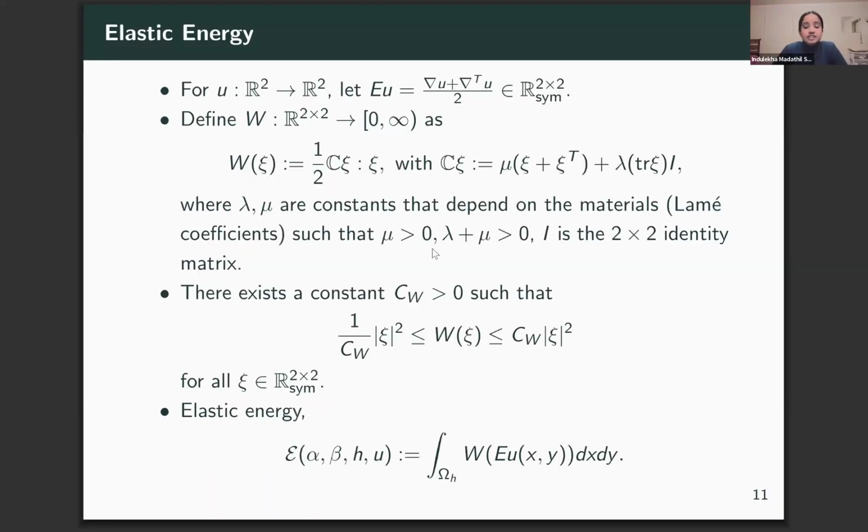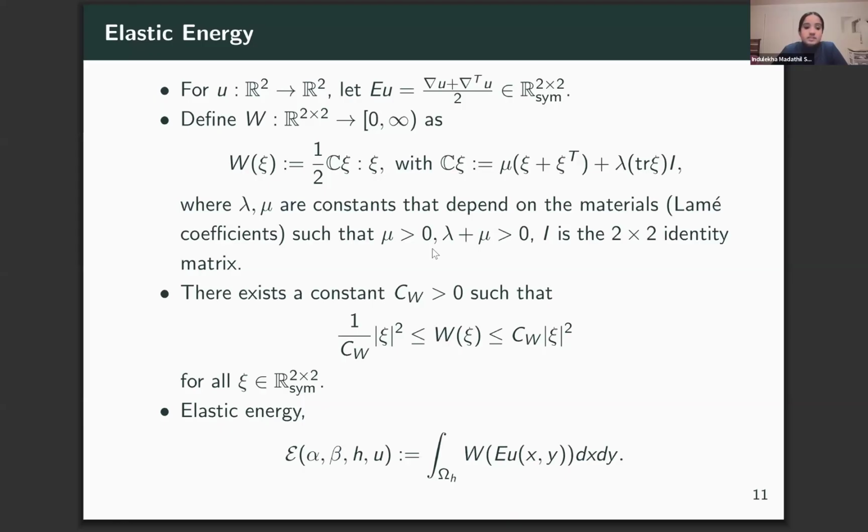The elastic energy has this specific form. This is called a linearized elastic energy of materials, where lambda and mu are called Lamé constants that depend on the materials.